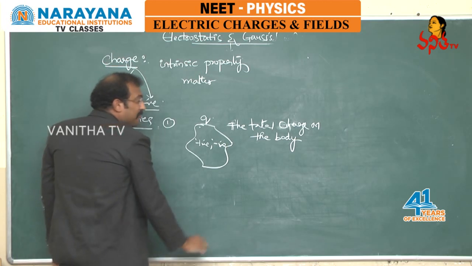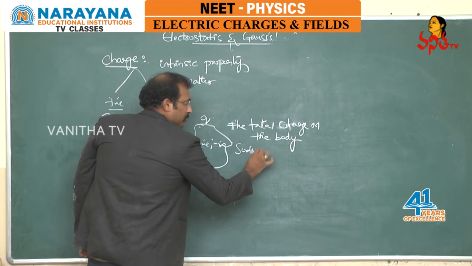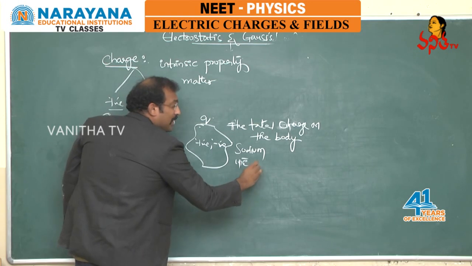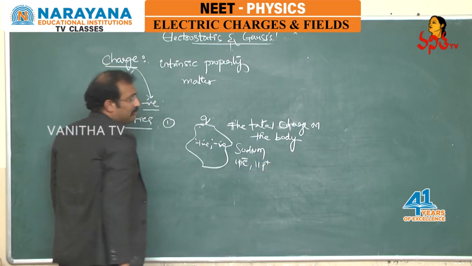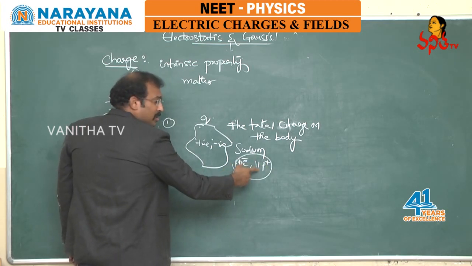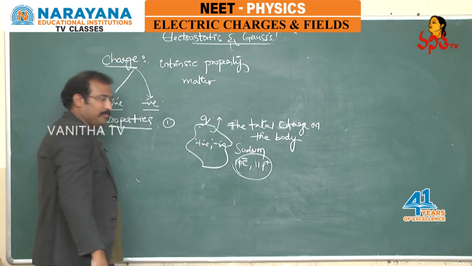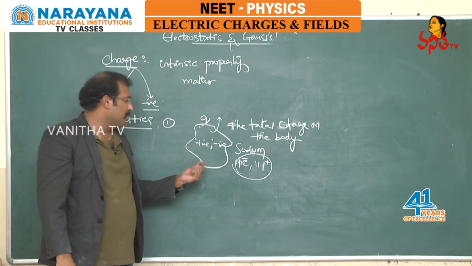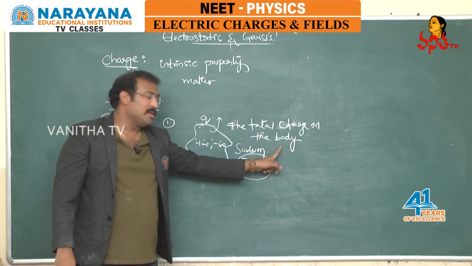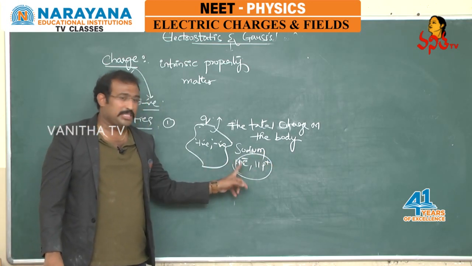For example, if I take an atom, take sodium, there will be 11 electrons as well as 11 protons in it. The sum of the total charges, 11 electrons plus 11 protons, is equal to 0. That is why an atom is electrically neutral. So that means the first property of the charge is the total charge on the body is additive. That is, sum of all the positive and negative charges present on it.